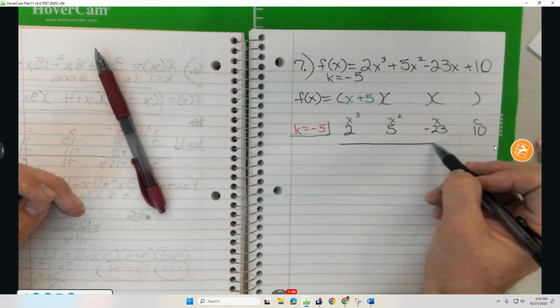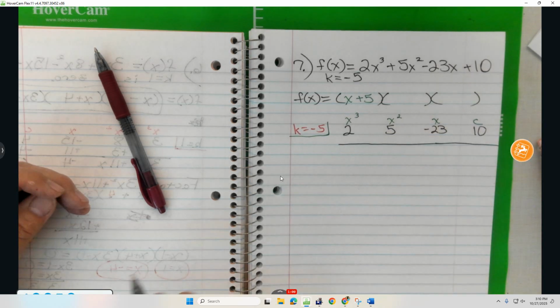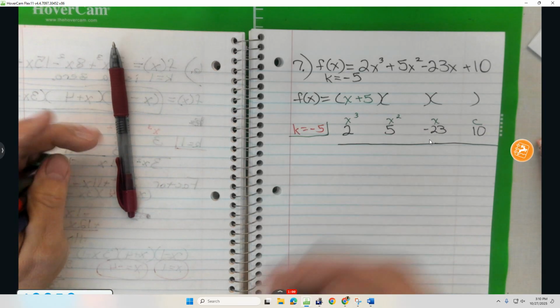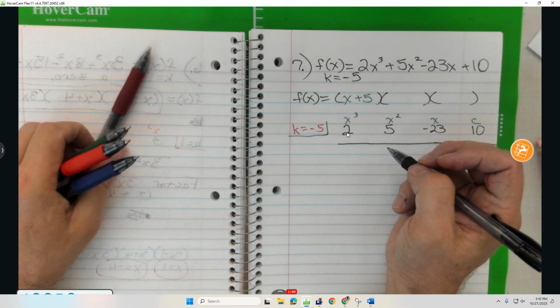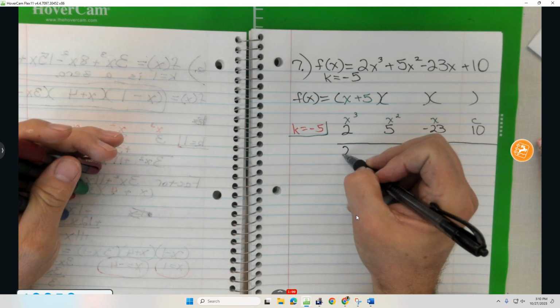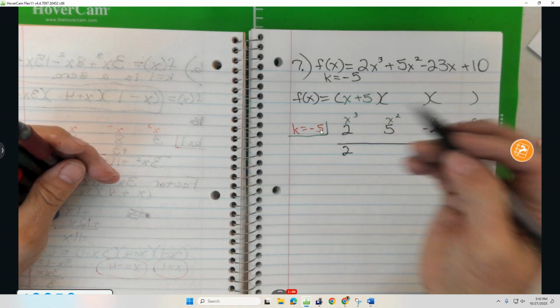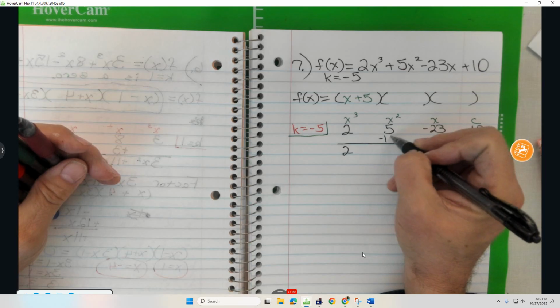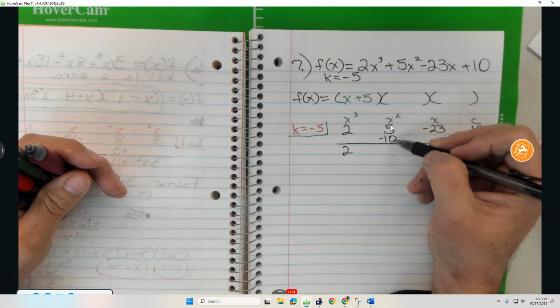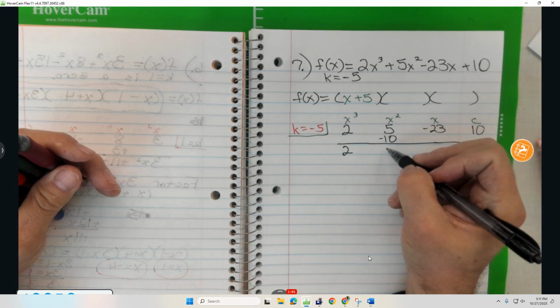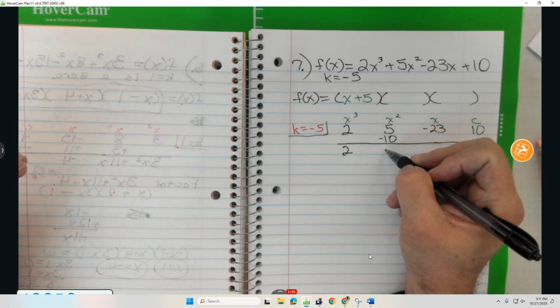Skip a line. Skip a line and draw a line. And then bring 2 down. 2 times negative 5 gives me, okay, negative 10. 5 minus 10 gives me positive or negative?